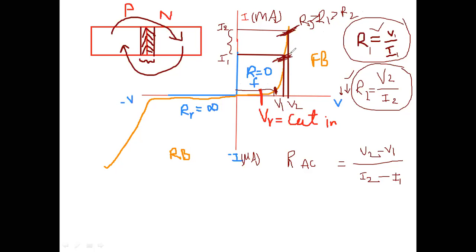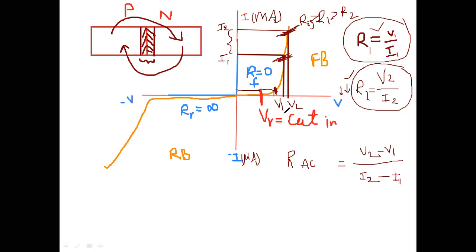If I go to higher points on the graph, then resistance will decrease. If I take a point near the x-axis, then the resistance is very high.